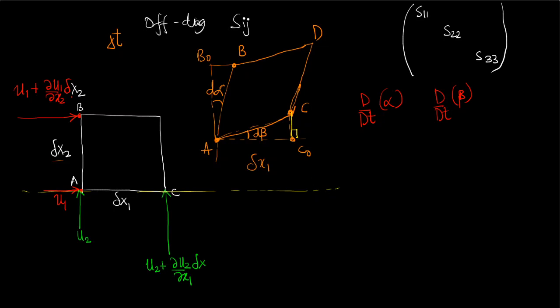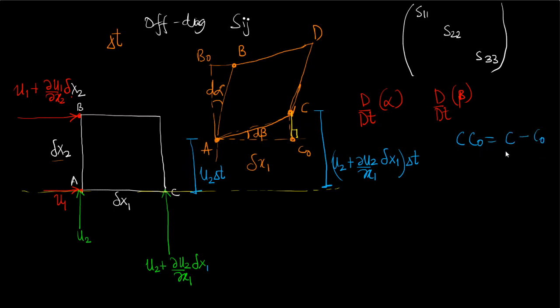So after a time delta t, point A has moved a distance of u2 delta t, whereas point C has moved a distance u2 plus del u2 del x1 delta x1 times delta t, and therefore the distance C C0 is going to be the location of point C minus the location of point C0, and because the y location of point C0 is the same as the y location of point A, this is the same as the C y location minus the A y location.